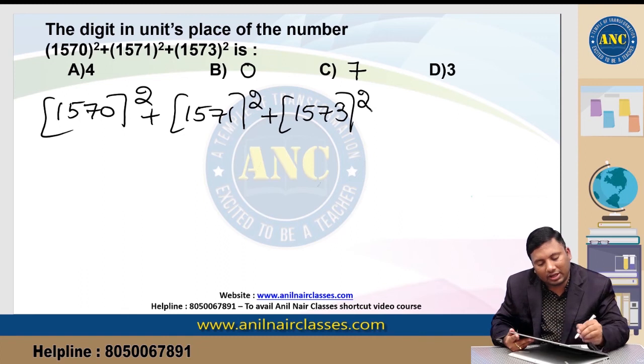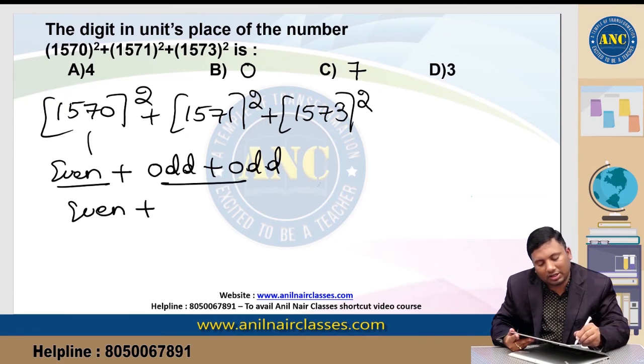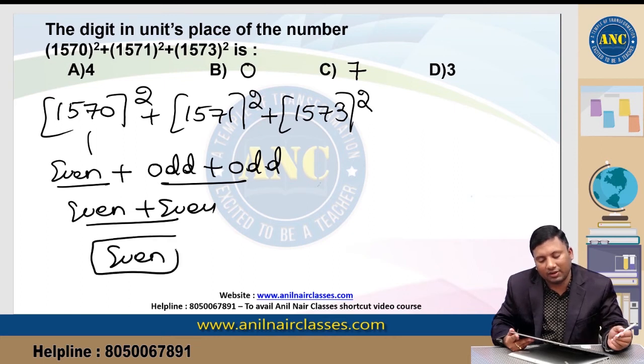So this can be written as, this is an even number. Even number on square is even. Odd number on square is odd. This is even. Odd plus odd is even. The answer unit digit should be an even number.